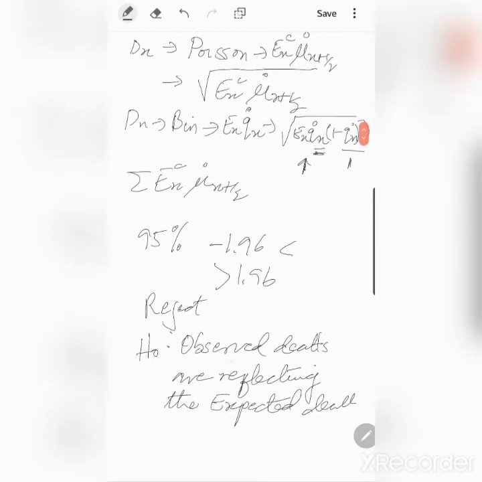So I'm rejecting this statement if z is less than minus 1.96 or greater than 1.96, and the null hypothesis can be rejected.